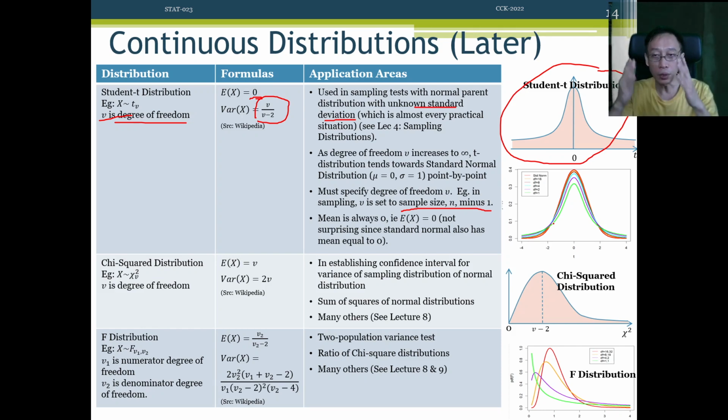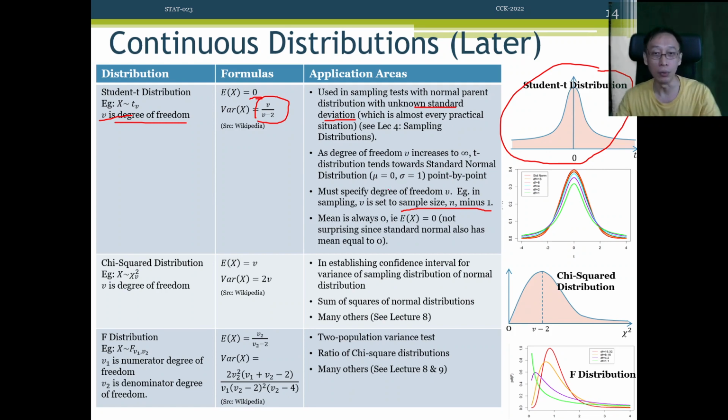And of course, when they are related graphically, we get a sense that T and Z must be related. And you're right. As the degree of freedom, as nu increases towards infinity, the T distribution becomes exactly the same as the standard normal distribution.